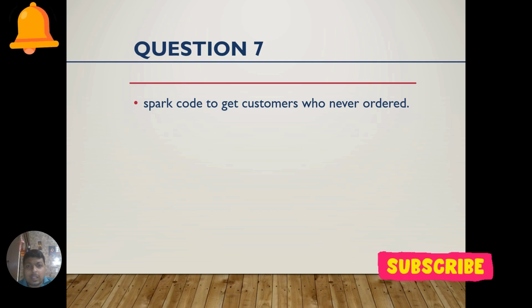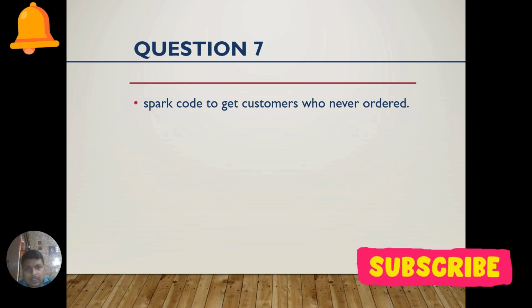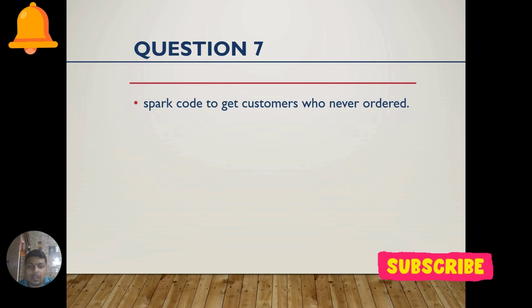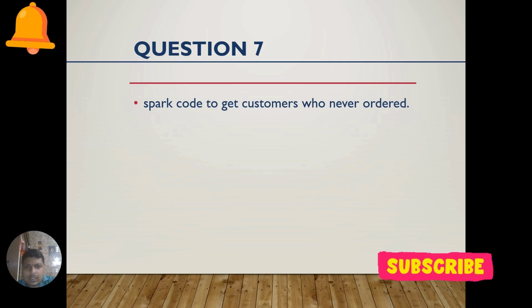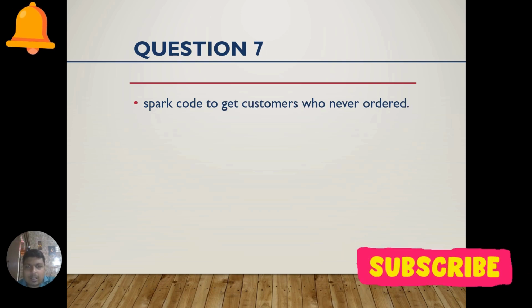Suppose you go to Pizza Hut and similar places: there is a customer table and an order table, and you want to find the customers who inquired but did not order anything. For these questions, I will create a separate video for a practical session.